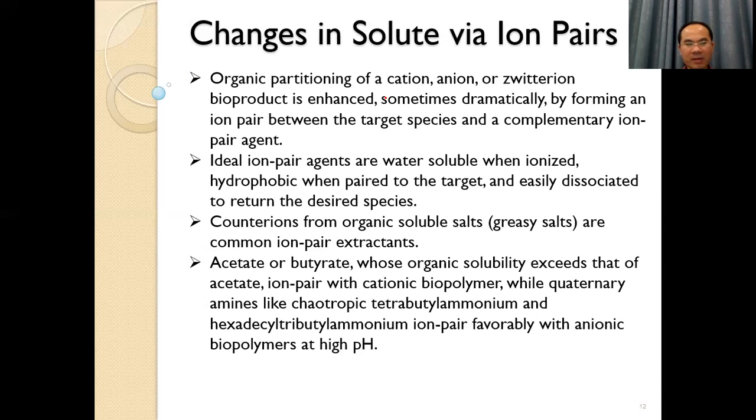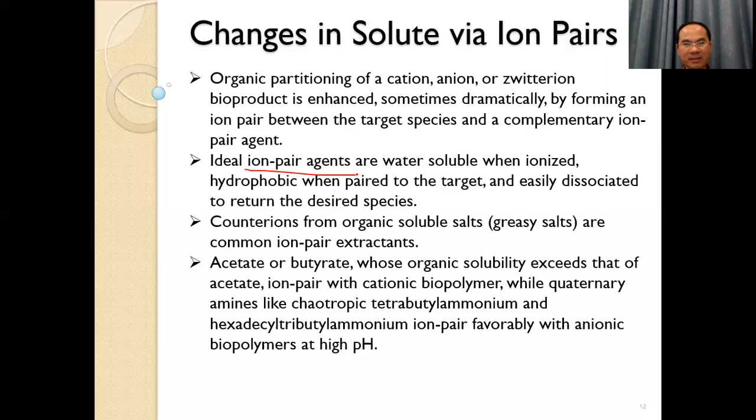So, in our system, we have a bioproduct that can ionize in water, and if we add some solvent to the system, the solvent cannot ionize. For this case, we can improve the extraction efficiency by adding some ion pair agent.